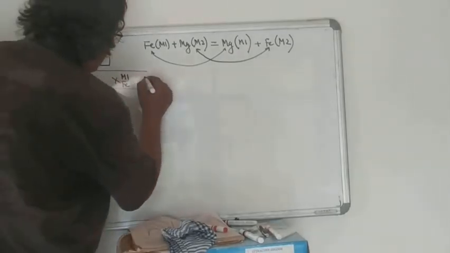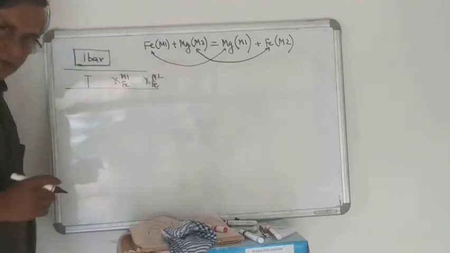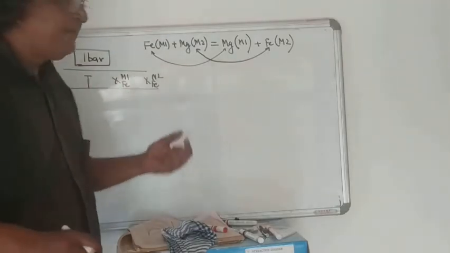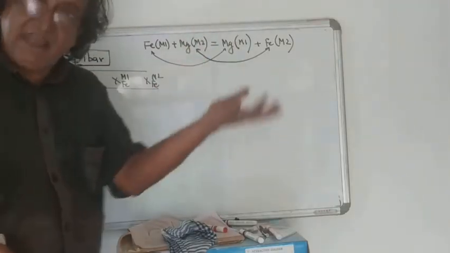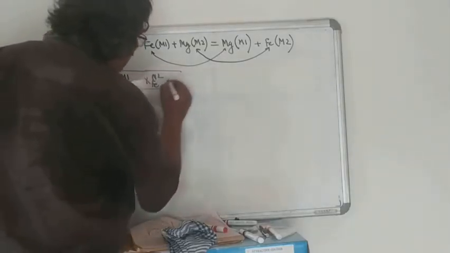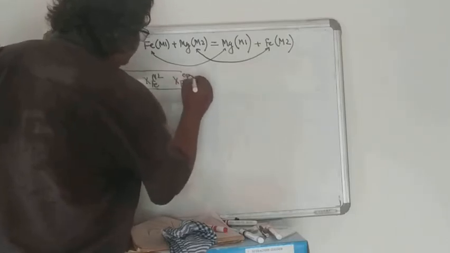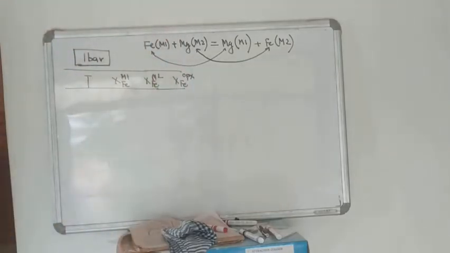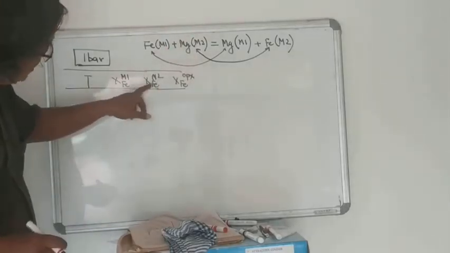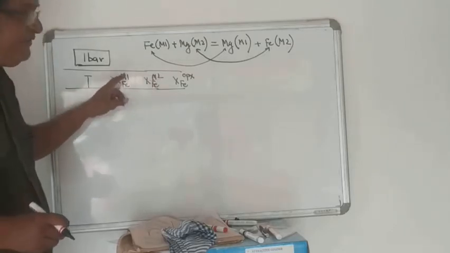They have also found out XFe M2 using this Mossbauer spectroscopic method, which allows you to find out the occupancy of iron and magnesium in simple orthopyroxene and even olivines. And then they have also found out the composition, XFe of orthopyroxene.